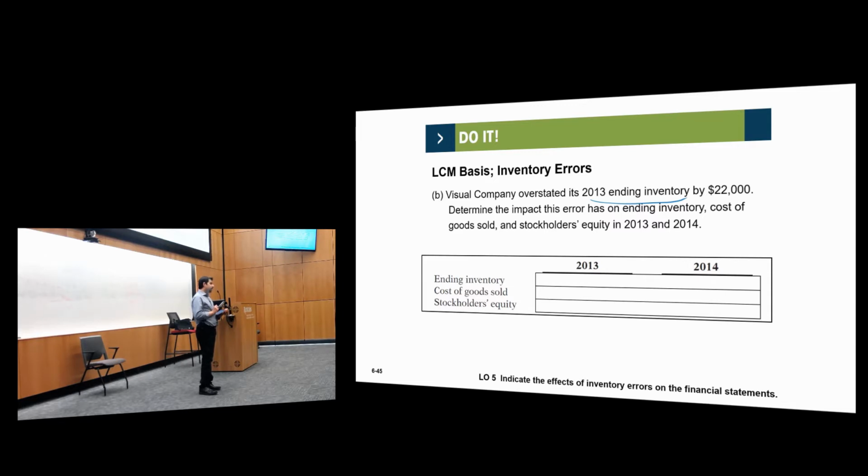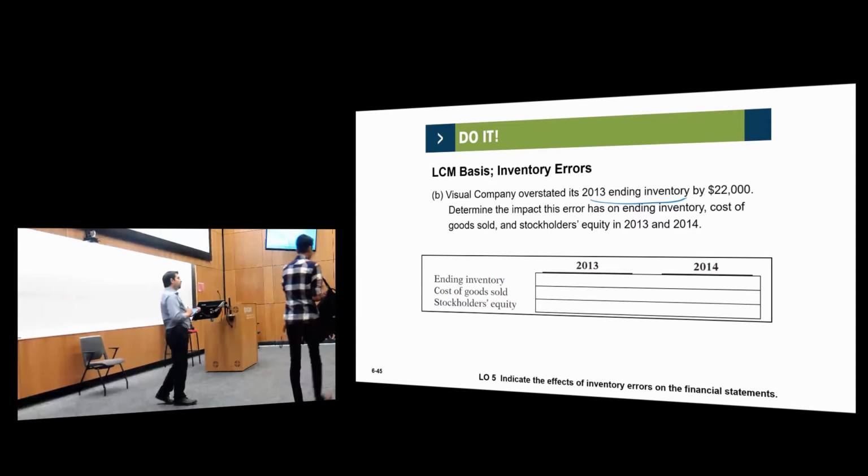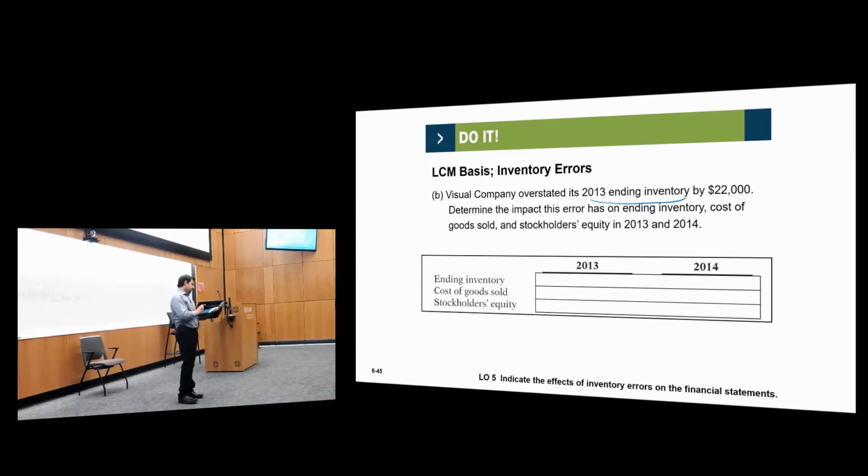What's the impact or effect of this error on the ending inventory, cost of goods sold, as well as stockholders' equity in both 2013 and 2014? So in 2013, ending inventory will be overstated. In 2014, ending inventory will be, it has no effect.